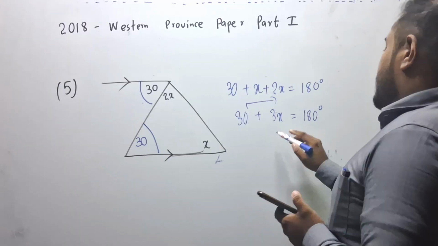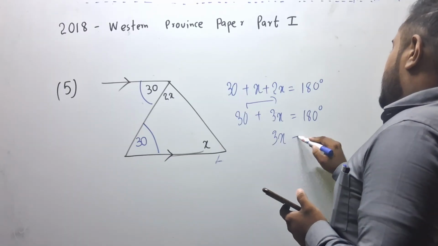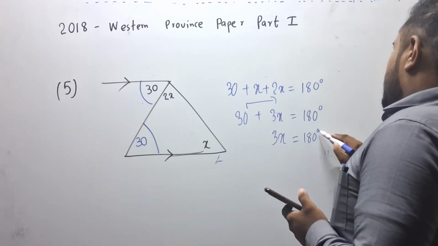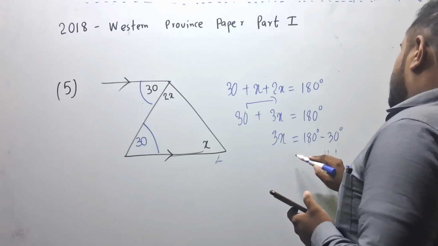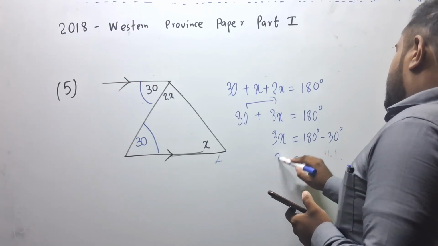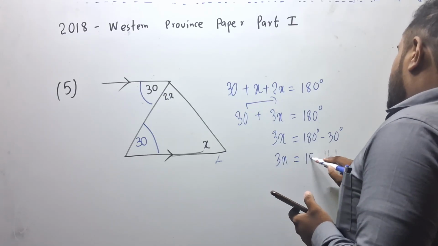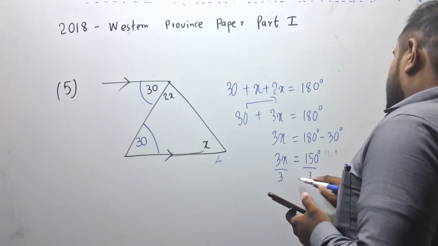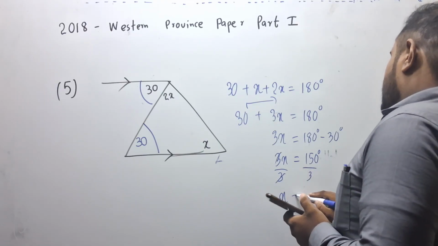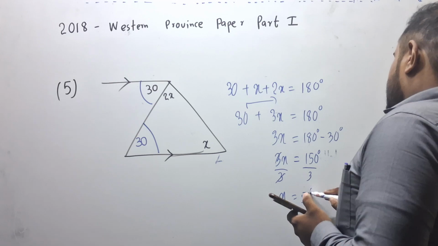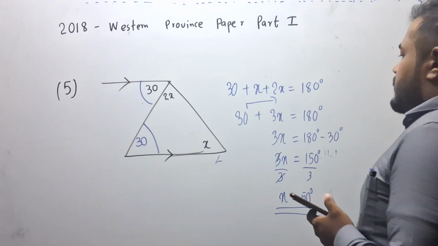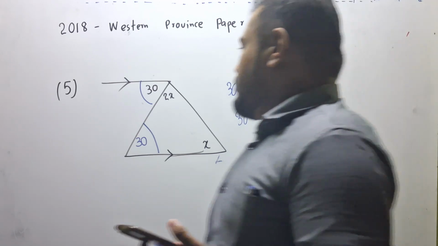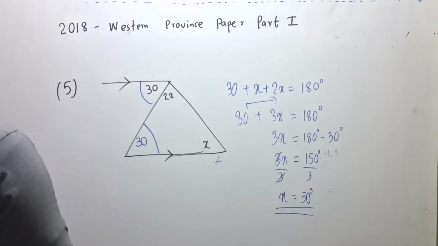Take this 30 to the other side. Then 3x equals 180 degrees minus 30. 3x equals 150 degrees. Divide both sides by 3. x equals 50 degrees. This is the answer you must write in the paper.